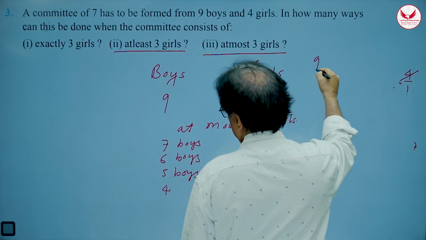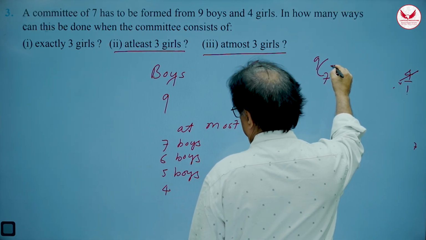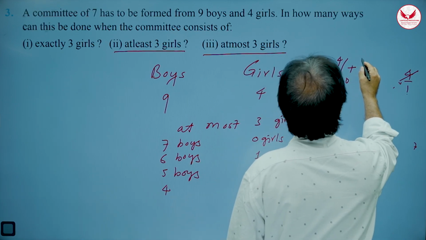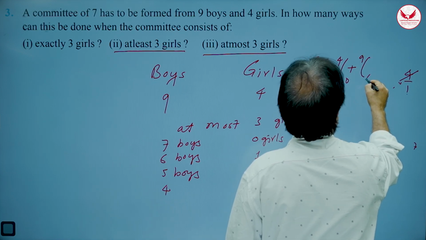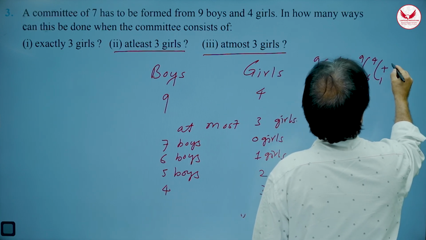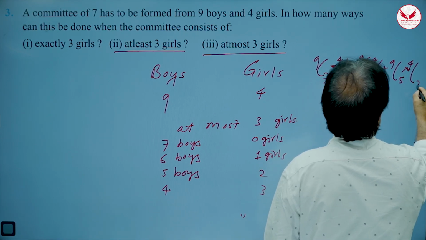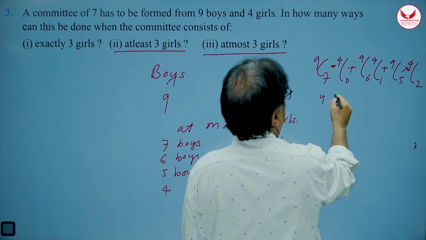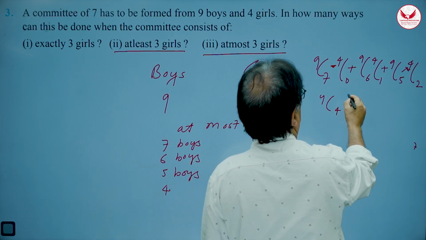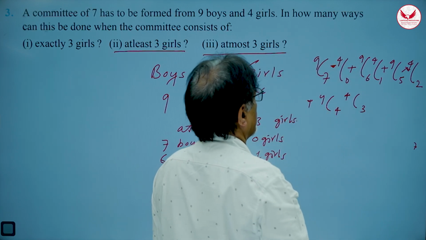It is 9C7 multiplied by 4C0 plus 9C6 multiplied by 4C1 plus 9C5 multiplied by 4C2, then 9C4 multiplied by 4C3. That's all. So this is how the problem can be solved.